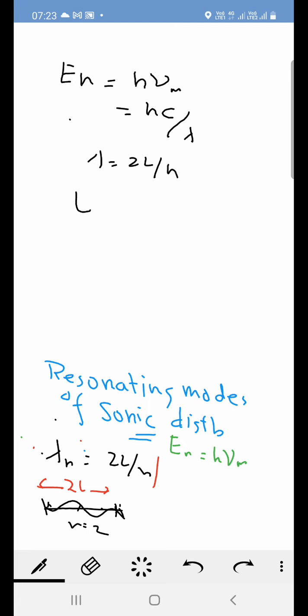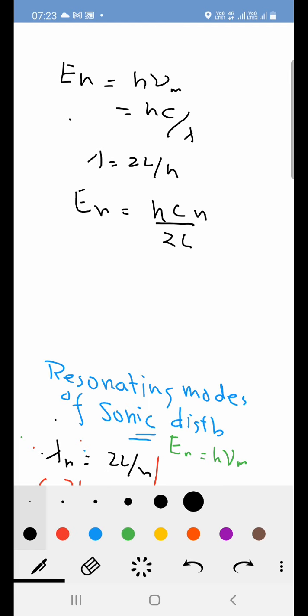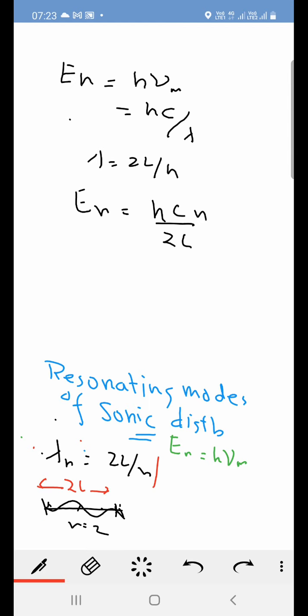If we replace, En becomes equal to hc by 2L times n. Instead of using c here, we will use cs. Initially c was the speed of light, so cs is the speed of sound.